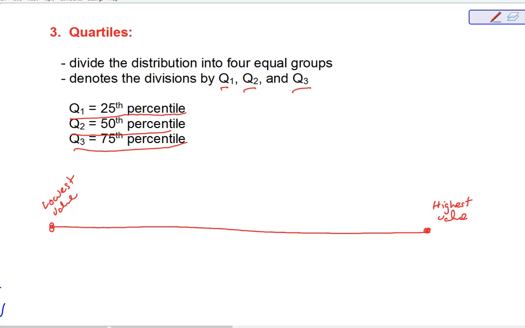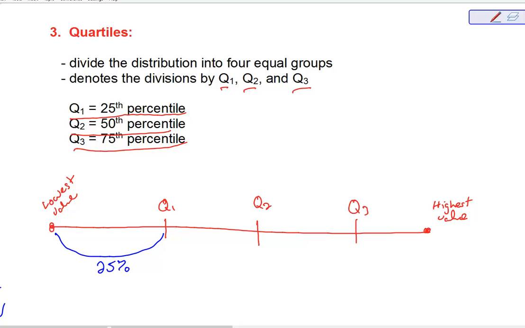In the center is going to be Q2 because that breaks it up into 50-50. Then here is going to be Q1, and here is going to be Q3. So between the lowest value and Q1 there's going to be 25%, 1/4 of my line.